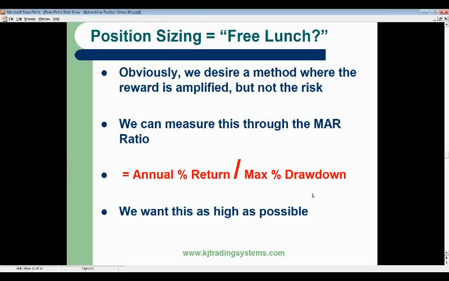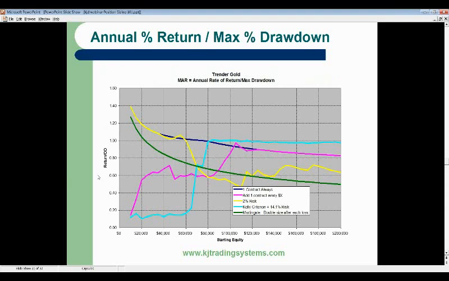So is it possible with these techniques and these systems? Well, one way to look at it is to actually plot it. Here I've plotted for Trender Gold, for different starting equity amounts, the return to drawdown ratio, this MAR ratio.